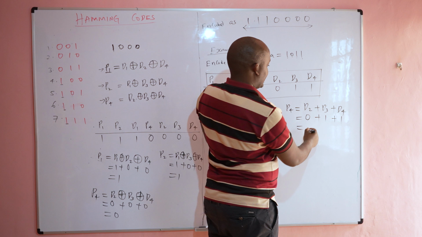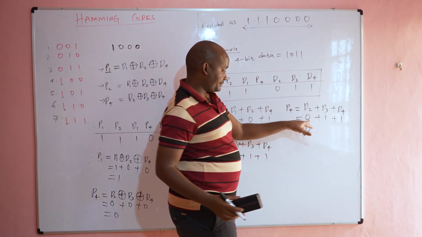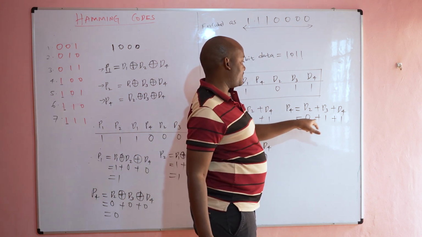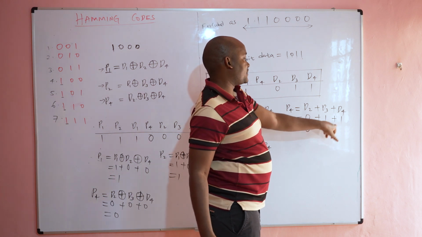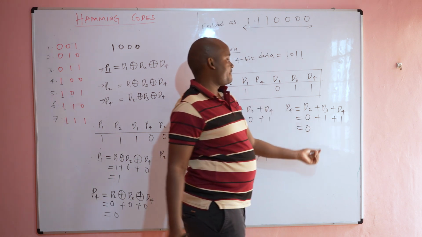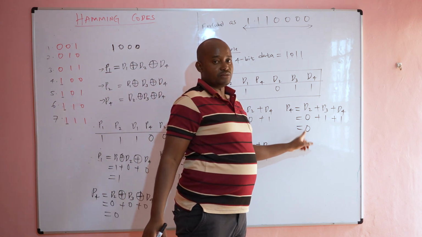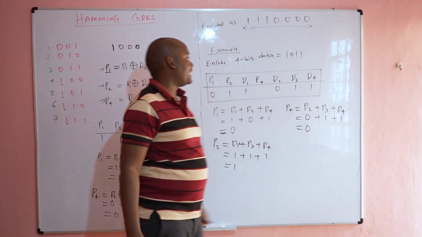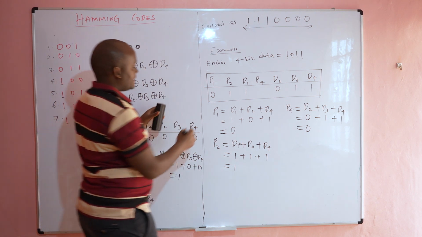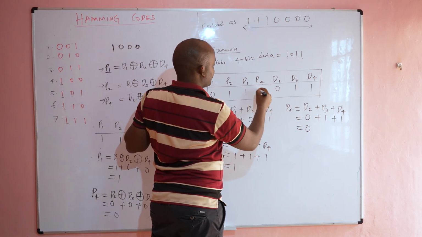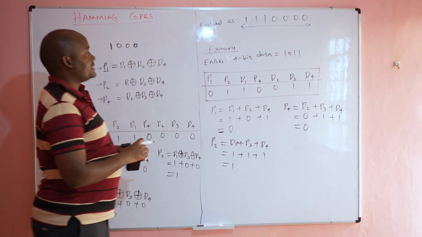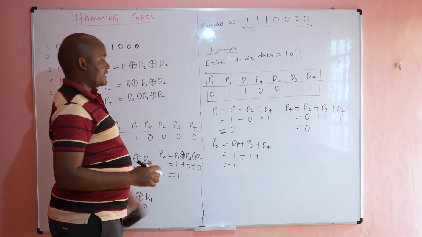So you add these, and you get a 0. Normally this would be 0 plus 1 plus 1, which is equal to 2. And now when you divide 2 by 2, the remainder is 0. So we are interested in this remainder. That is basically how we convert decimal numbers into binary numbers. So once again we put a 0 there.